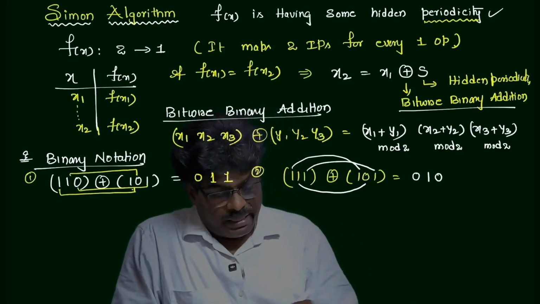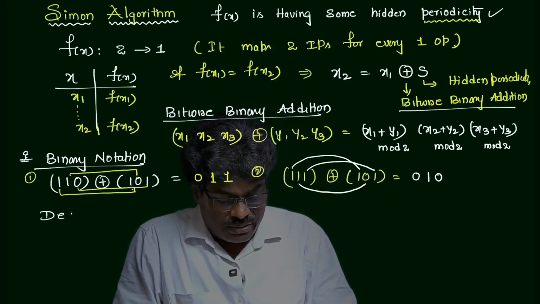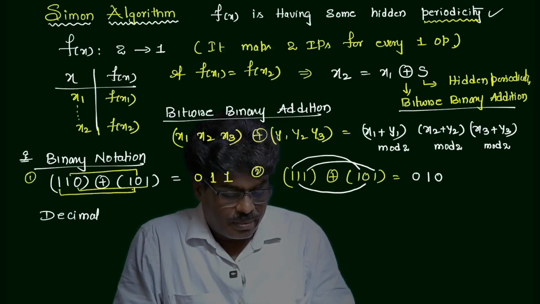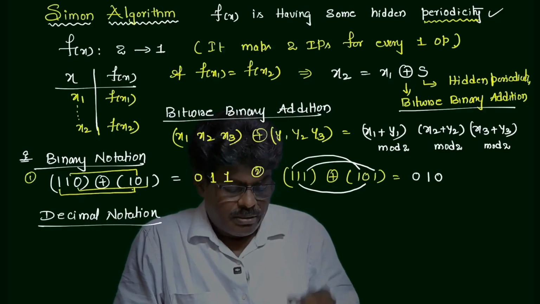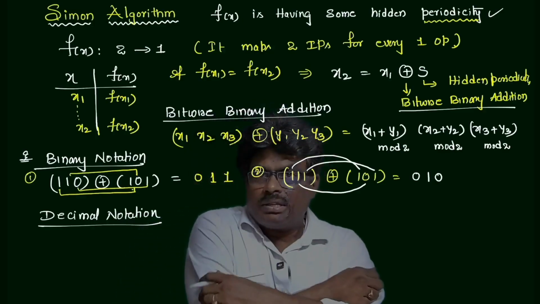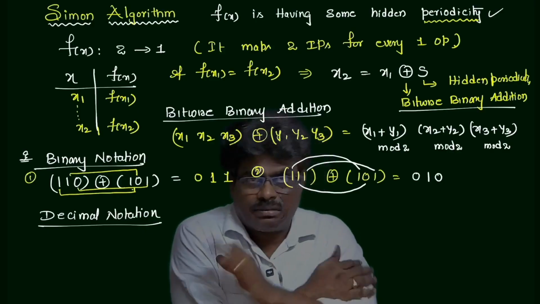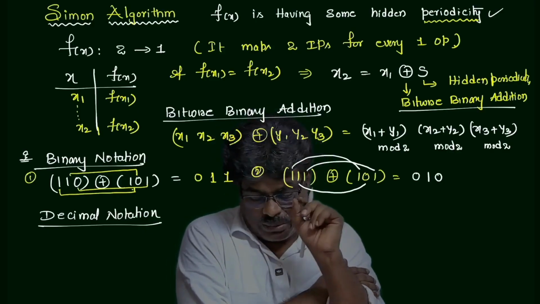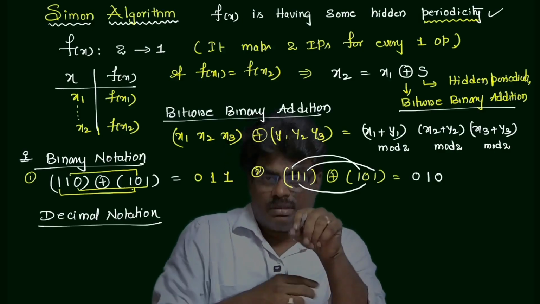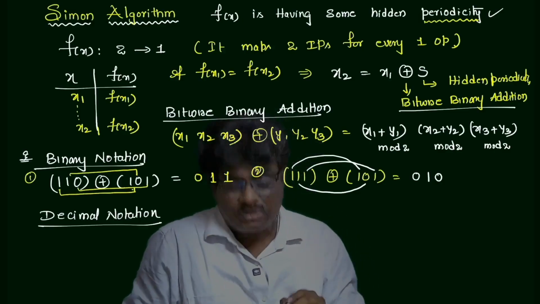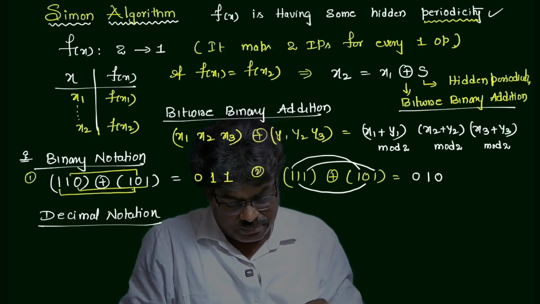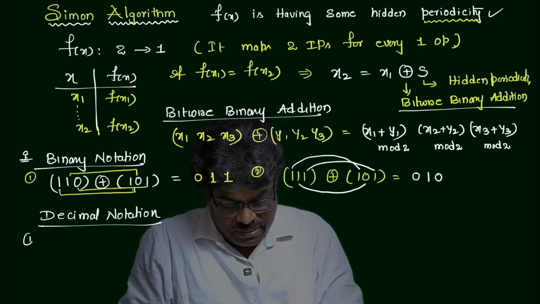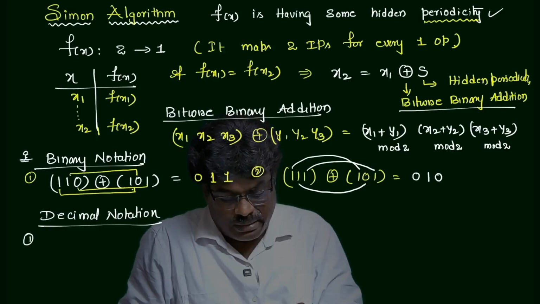Now let me take decimal notation. This is quite interesting. I hope you understand what this XOR operation is. Please see, I'm taking the same first example again in decimal notation.